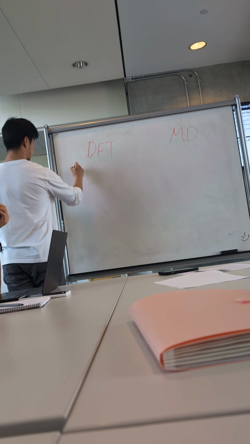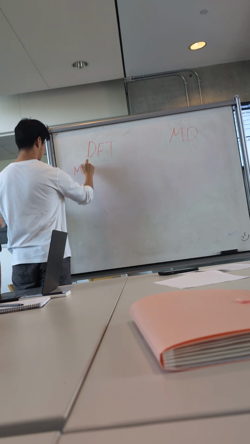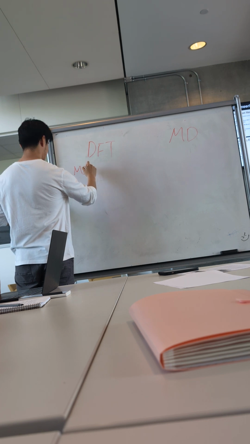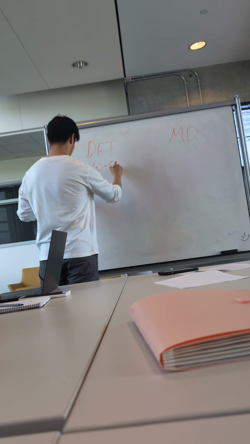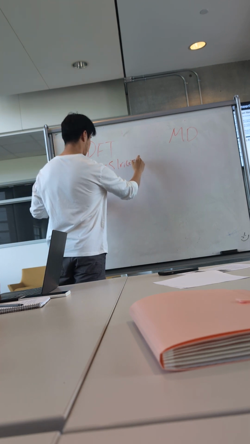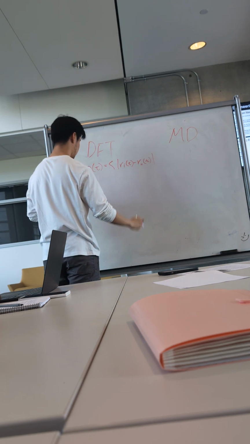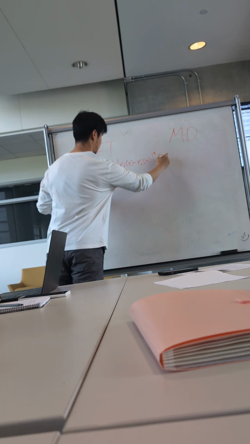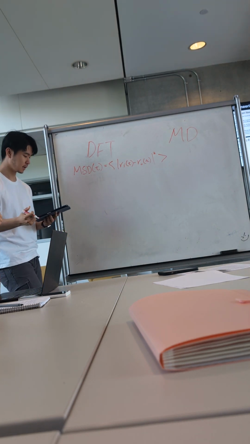So, mean square displacement. The yellow line is higher, and that means more diffusion. What are you laughing at? That's just an equation that you guys also saw from stats class.